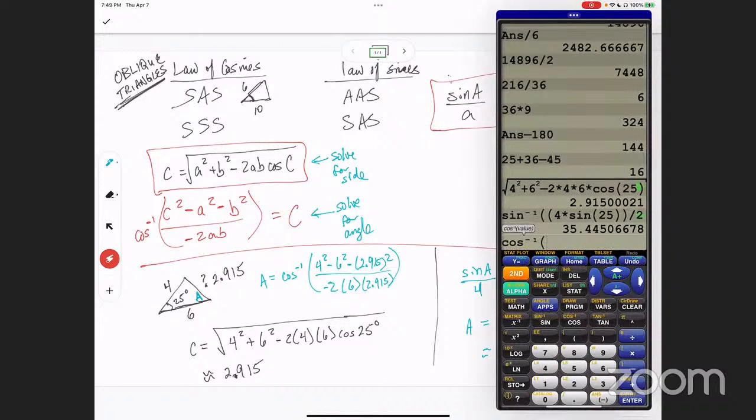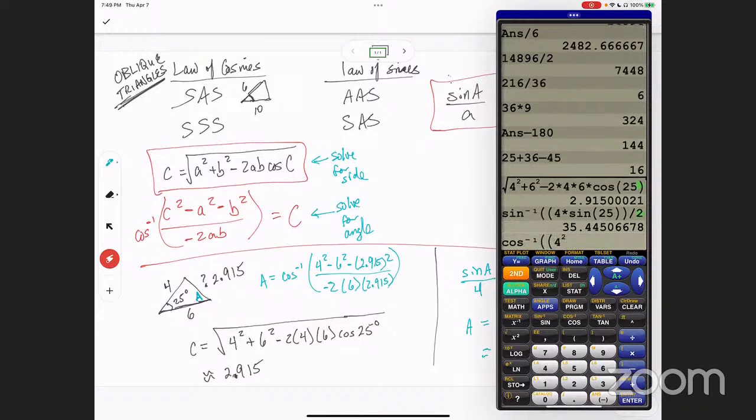So cosine inverse, I'm going to do this carefully. 4 squared minus 6 squared minus 2.915 squared. So that's my numerator. Divided by, and in my denominator, I'm going to again put parentheses to make sure that I do this right.